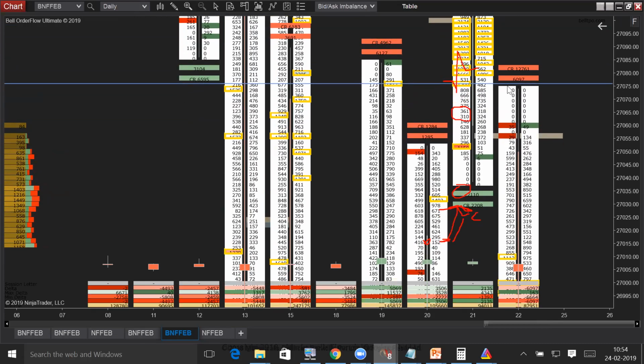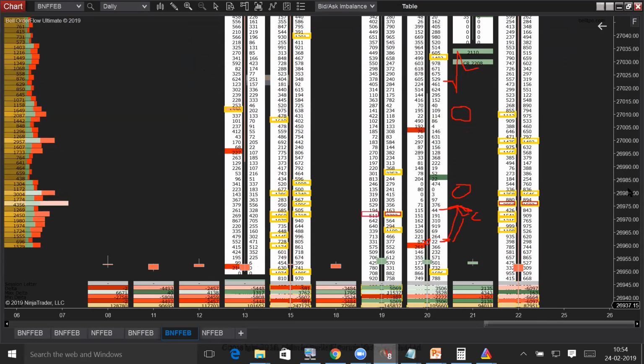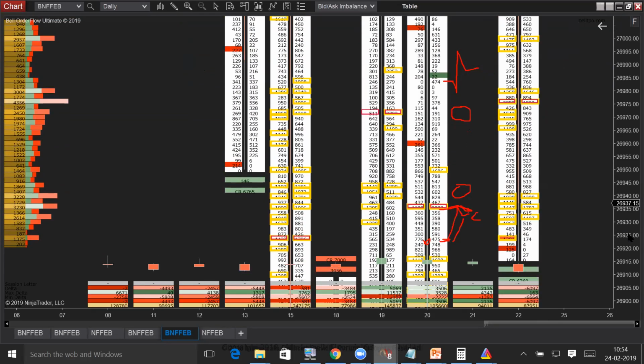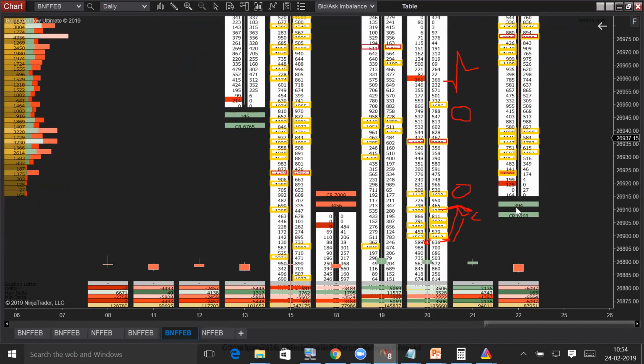Almost 6,097 lots of contracts are required to push from the top to the low to the close. Whereas the buyer commitment is that price closed at the day's low, I believe. So in Bank Nifty, it was only 397 lots. That means price closed at the day's low. So that means it almost resets at zero.